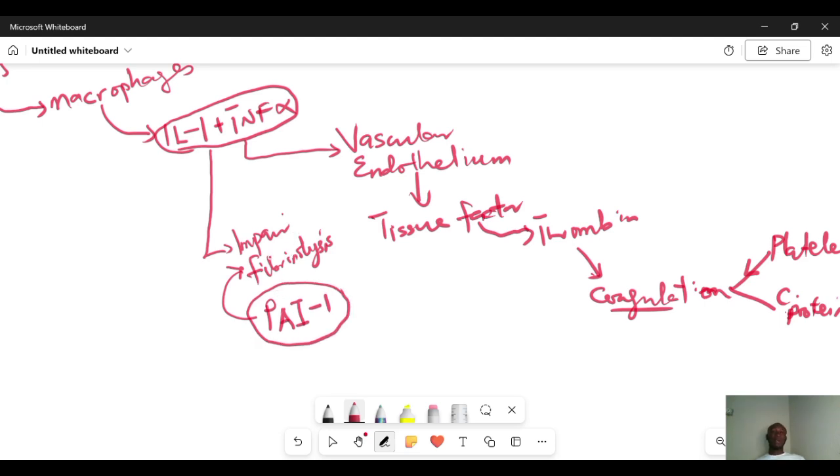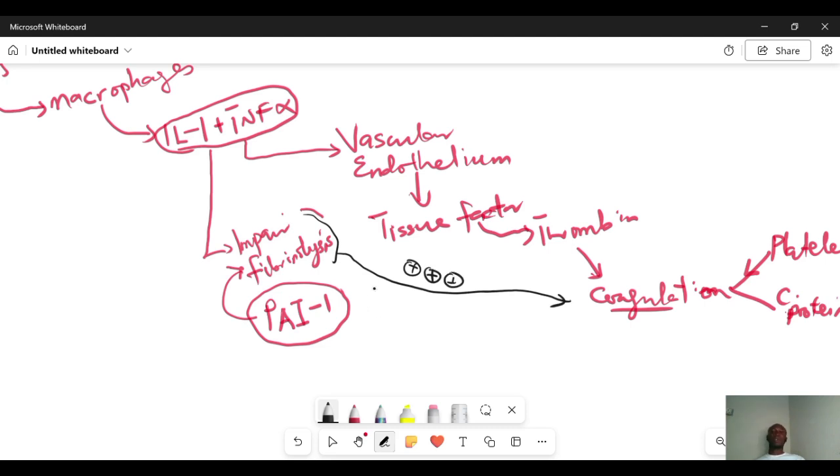By doing this, they impair fibrinolysis. And with impaired fibrinolysis, of course, more coagulation, right? So there is more coagulation with impaired fibrinolysis.